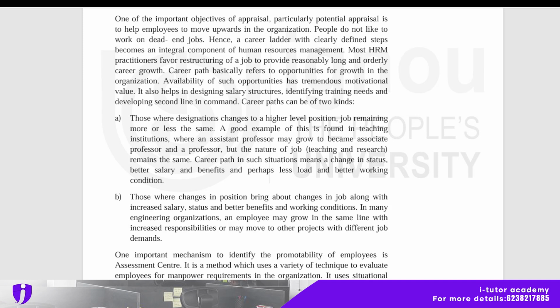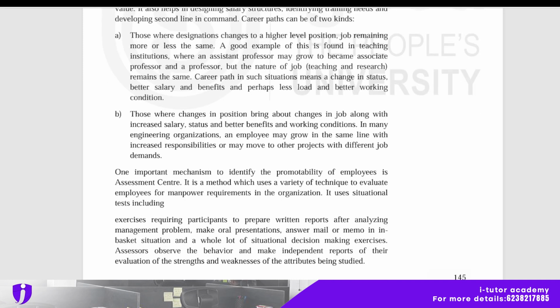A good example of this is found in teaching institutions where an assistant professor may grow to become associate professor and professor, but the nature of the job, that is teaching and research, remains the same. And the next is those where change in the position brings about changes in job along with increased salary, status, and better benefits and working conditions.